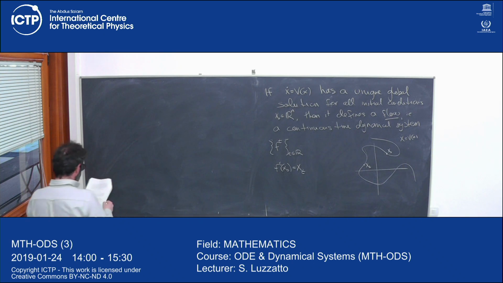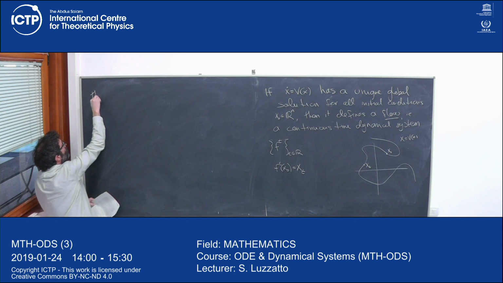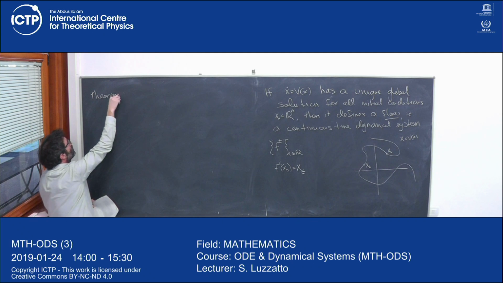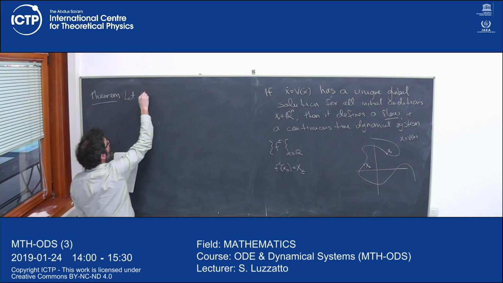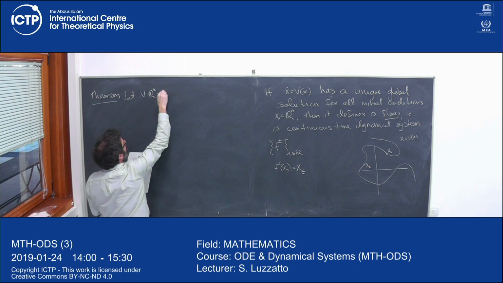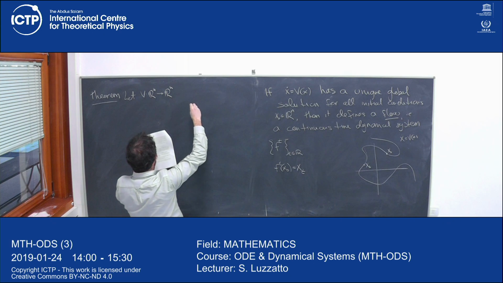So the theorem that's in the exercises is the following. Theorem. Let V: R^n to R^n be a continuous vector field.